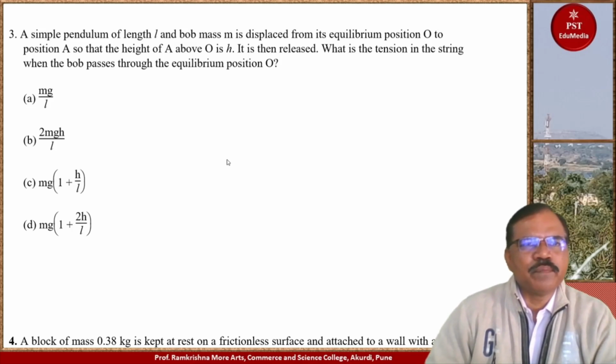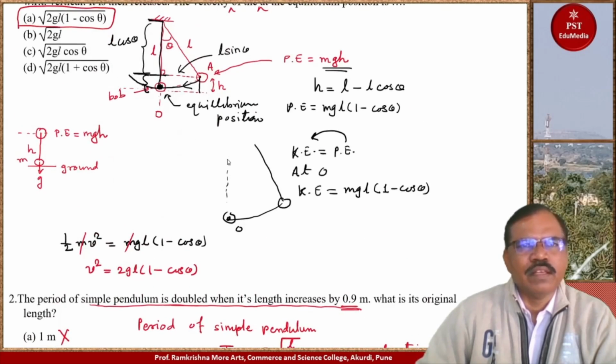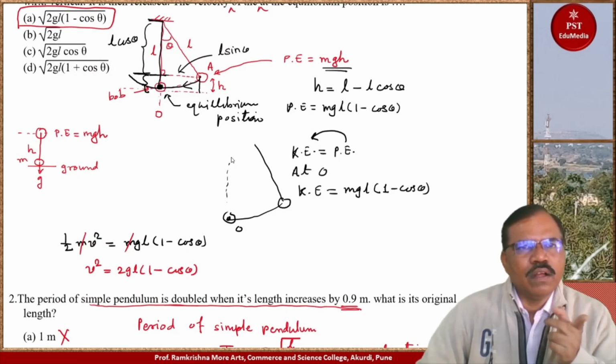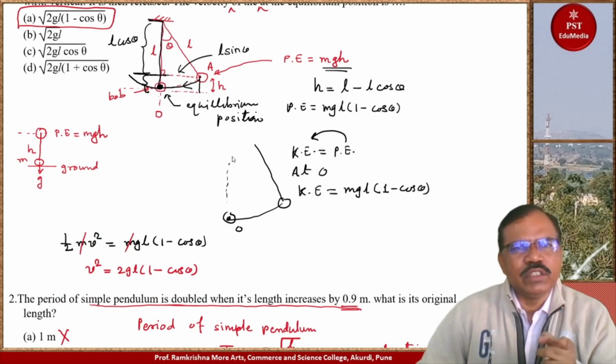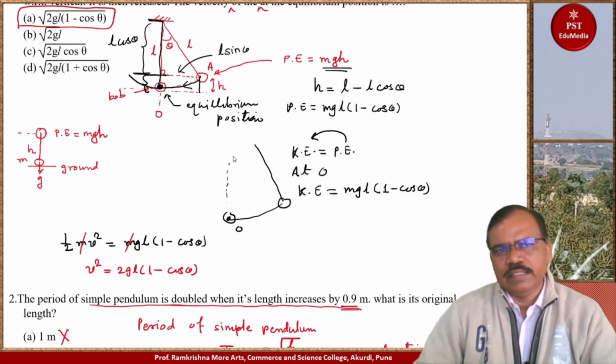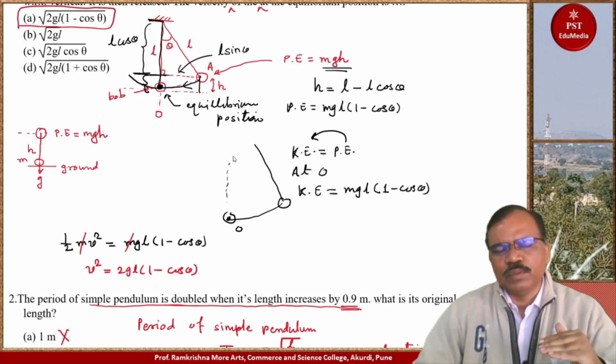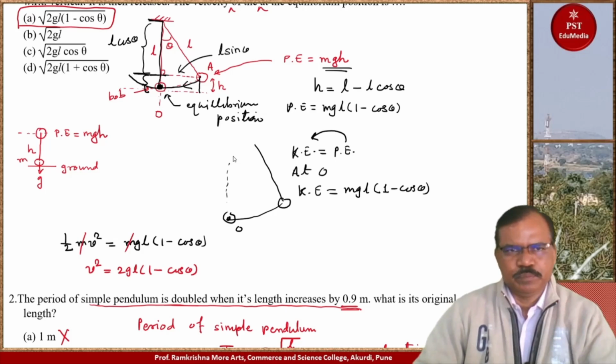Now here we have seen in the first problem that we can displace the bob from its equilibrium position to some point A through angle theta. So it is raised from the equilibrium position by height h.